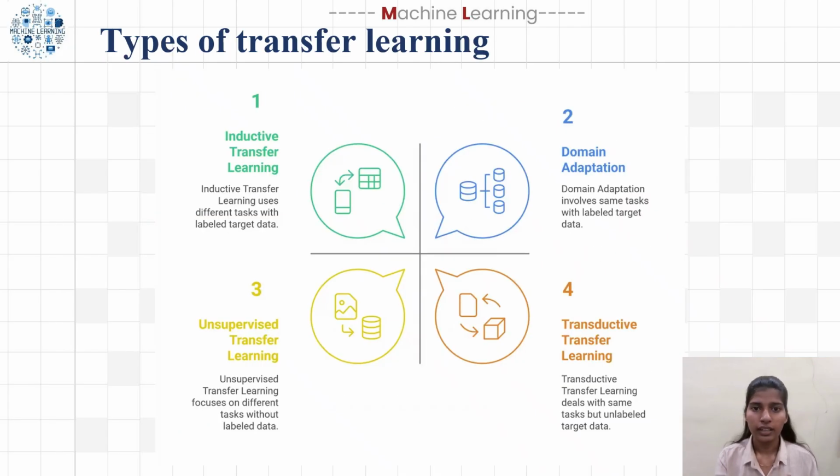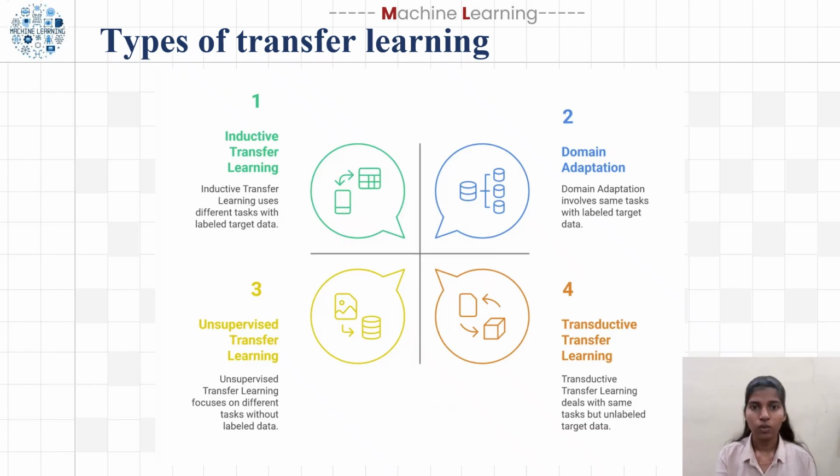So, transfer learning is not a single technique, it has several core types, mainly classified based on whether the data is labeled and how different the source and the target tasks are. We have mainly four types: inductive transfer learning, which uses different tasks with labeled target data.